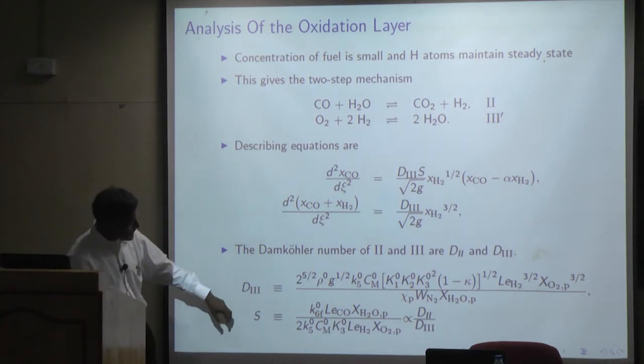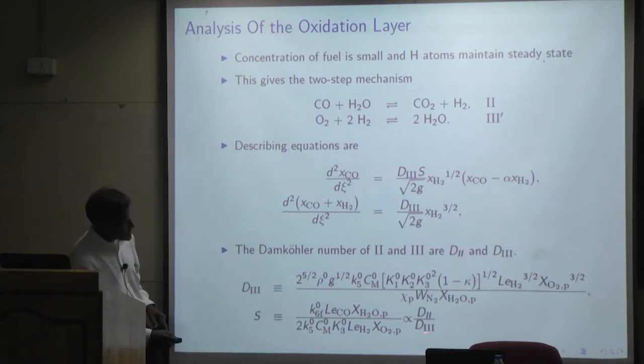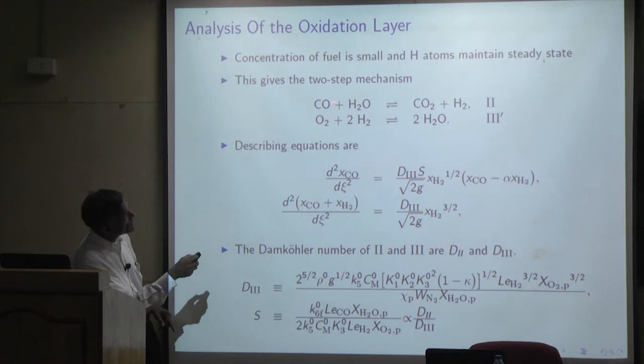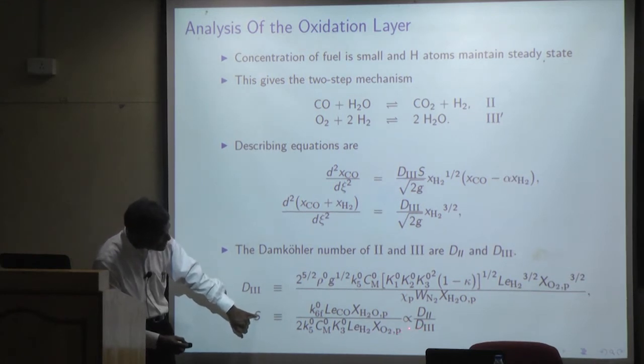Now, one can look at some limits. For example, what happens when S is large? That means D3 is much smaller, so the rate of this step is much smaller than the rate of that step. Or alternatively, S small means D2 is much smaller than D3.